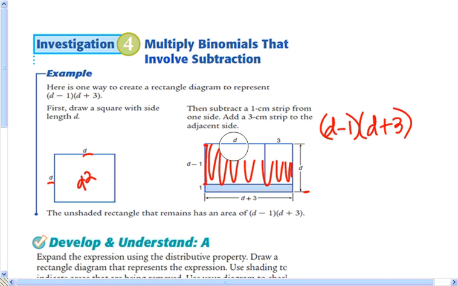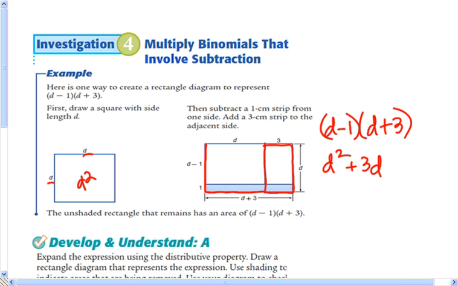And let's just think about how that works and how we can come up with our expanded expression using that diagram. So remember, this part right here is d squared. So I'm just going to put that down. And this part right here is 3 times d. So I'll add that on. Now we have to take away the 2 parts that are shaded.